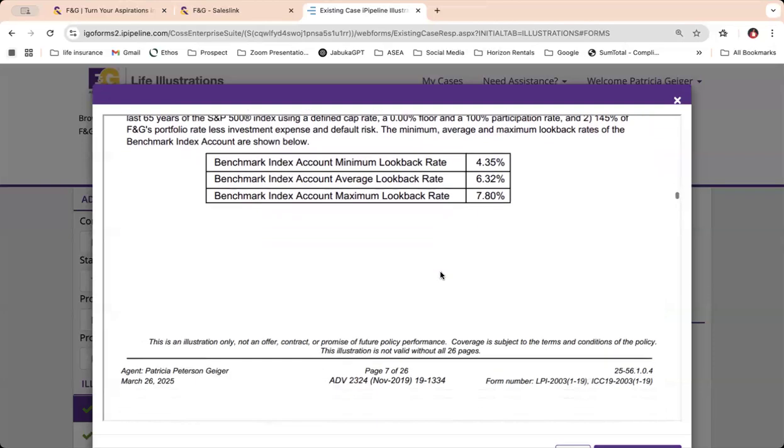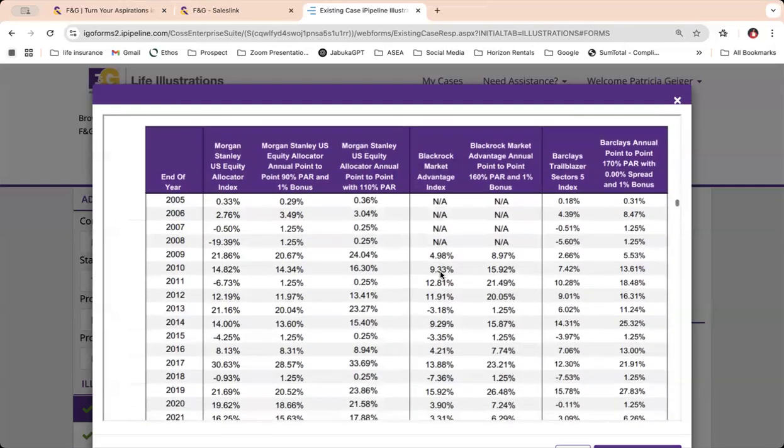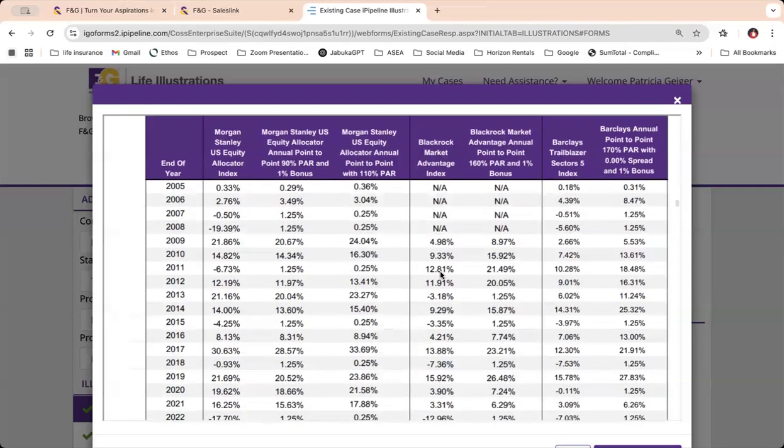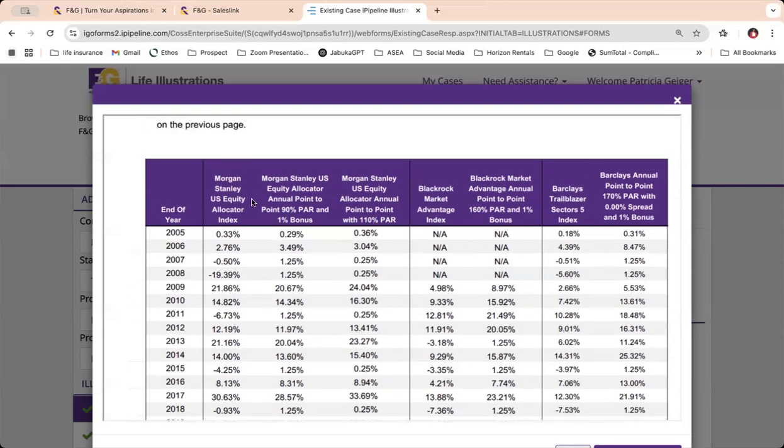Maybe let's go down a bit. Yes, there. So you see this third column, Morgan Stanley. No, previous before that one. Yes, that's one.